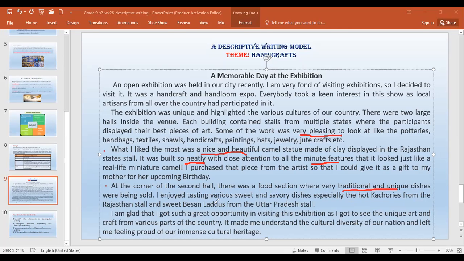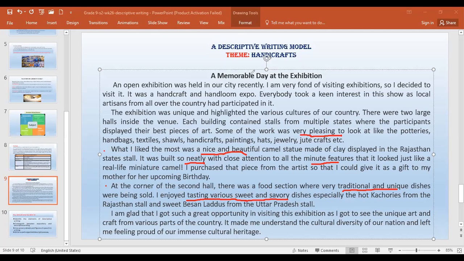I enjoyed tasting very sweet and savory dishes, especially the hot quiches from the Rajasthan stall, and sweet pigeon loads from the Uttar Pradesh stall. Okay, thank you, Lana.